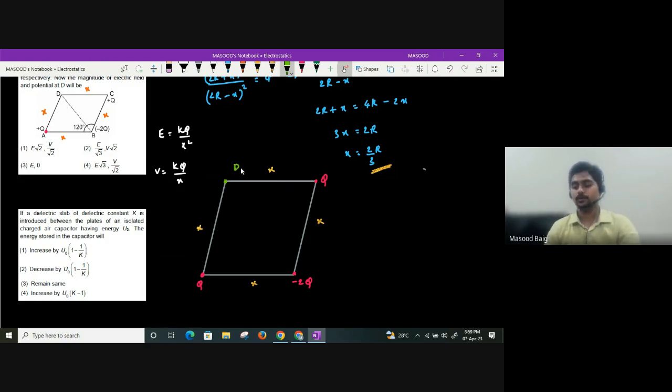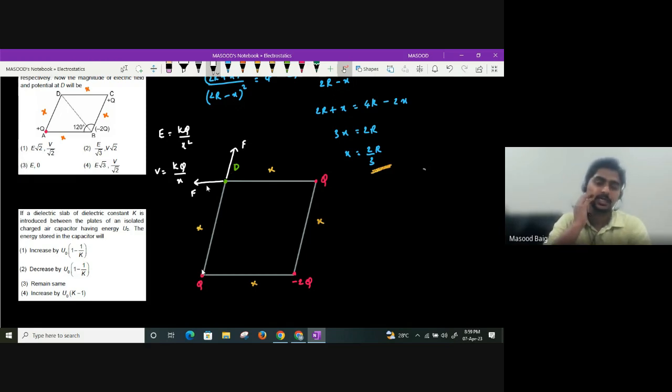Now please tell me, at any point if you want to find field or potential energy or force, at that point are we going to place a test charge? Yes. So if I place a test charge, what will the Q charge do? It will repel. What will this Q charge also do? It will also repel. Now will these two forces be equal or not? Yes, these two forces will be equal.